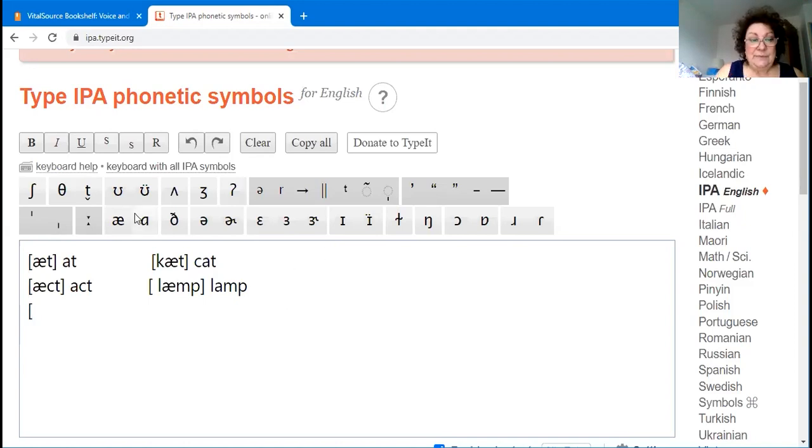And many people mispronounce this word, ask. Now you can see this comes before the k, except in the word ax. So this is ask, and this is ax. We tend to switch it around. Okay, then we have glance.